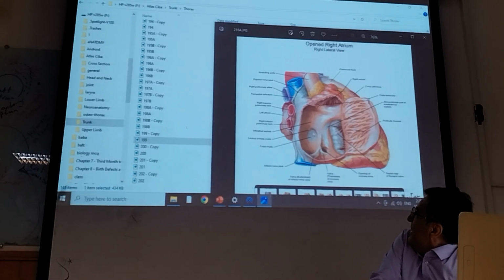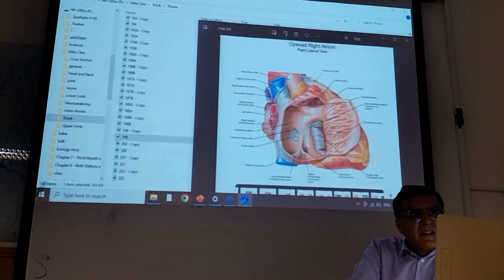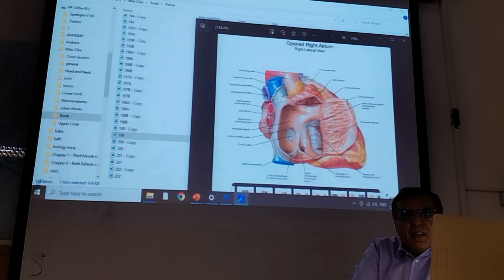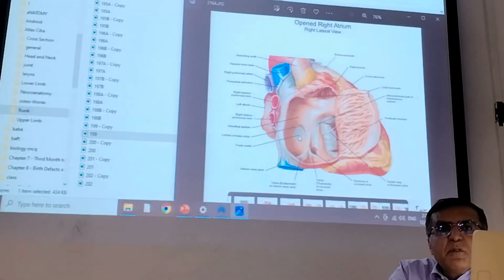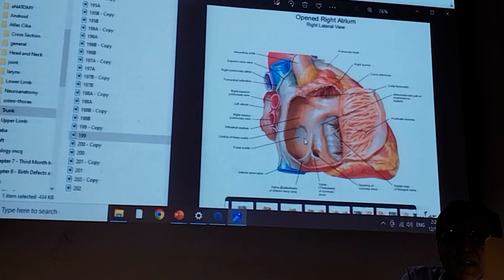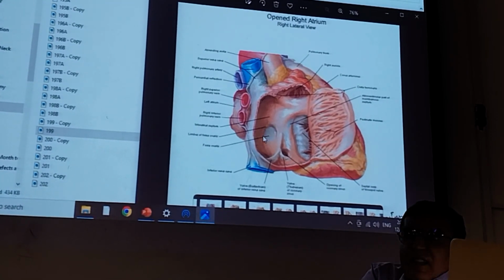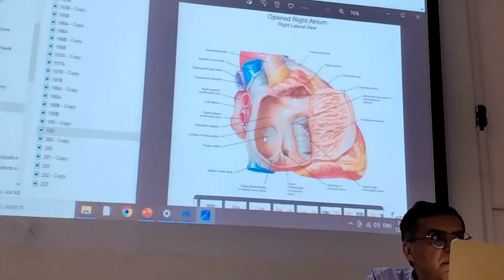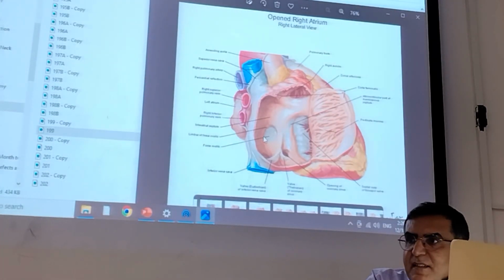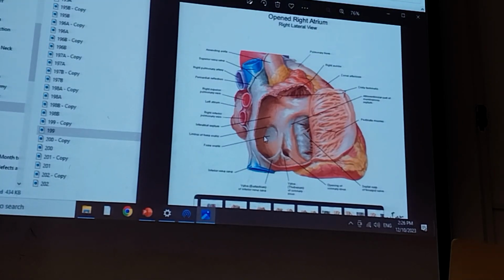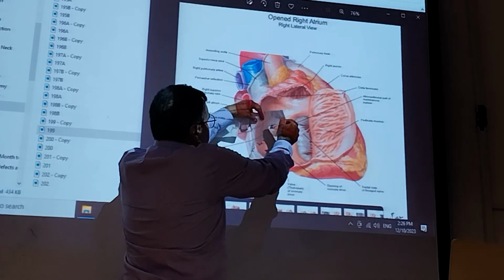This is the fossa ovalis. Yes. The floor, the white color, is the septum primum. The limbus here is the septum secundum. Is it clear? As you remember, the septum secundum, you look at the right side.